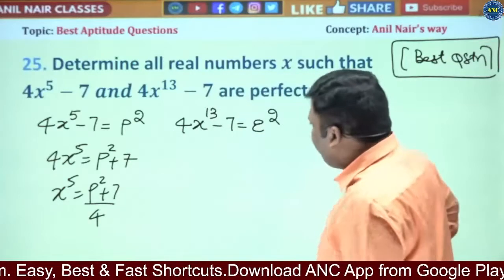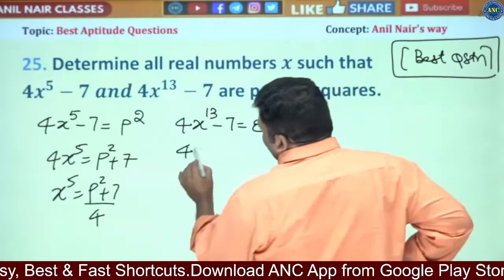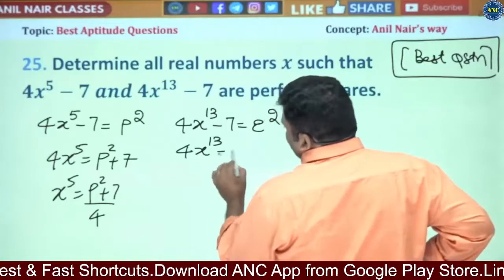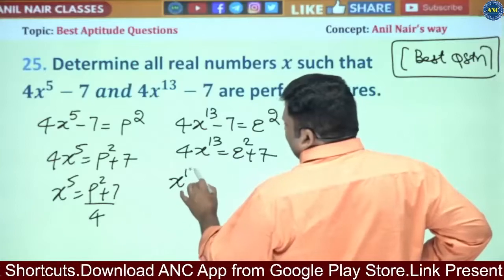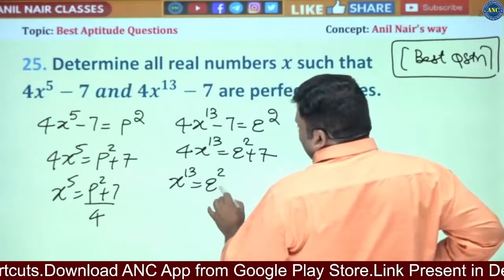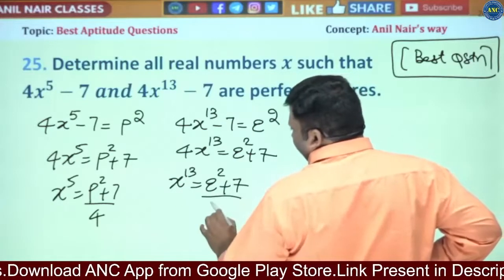First step clear? Similarly 4x^13 equals q squared plus 7, so x^13 equals (q squared plus 7) by 4.